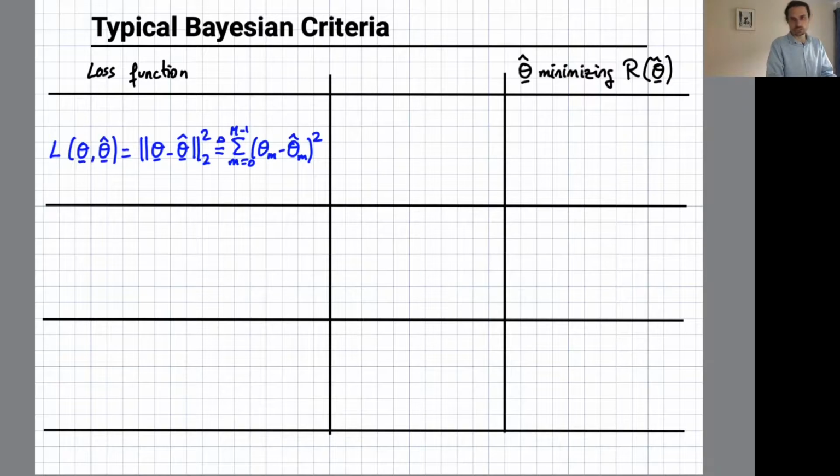The first one is the loss that we saw in the previous slide, the quadratic loss, defined in terms of the L2 norm or Euclidean norm in this way. This is clearly the sum of the square differences between each parameter and its corresponding estimate.